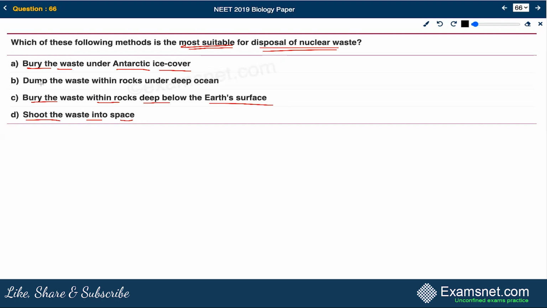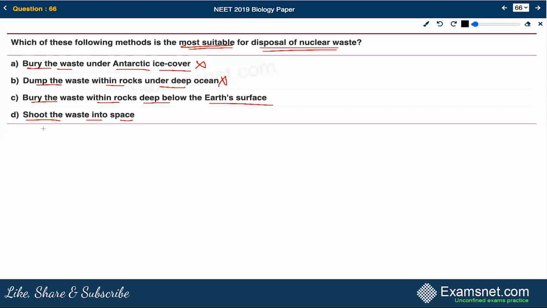Now, out of all the options, the Antarctic ice cover and the deep ocean are practically impossible, because if disposal of nuclear waste is done under the deep oceans, it is definitely going to harm all the aquatic organisms, plants and marine animals. So the first two options are not very good options.